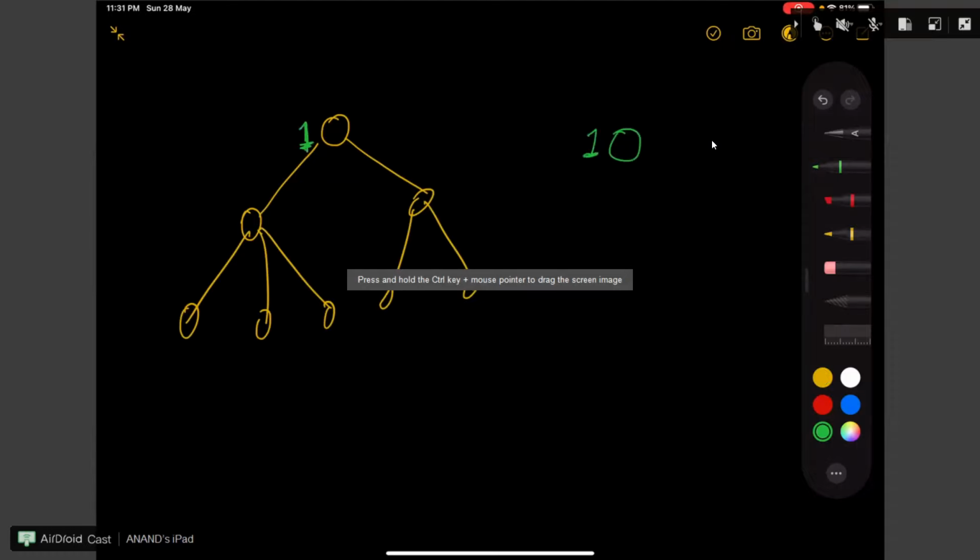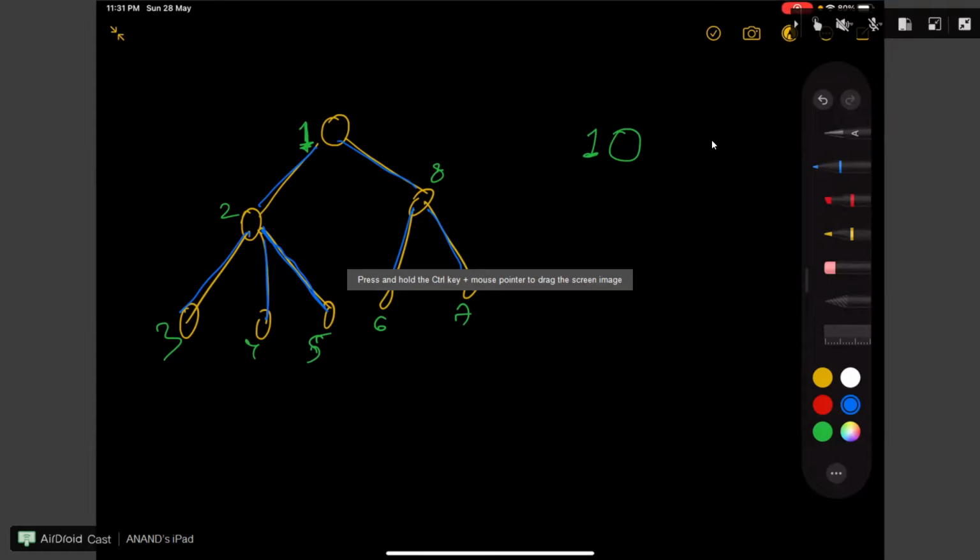After that you are given an edge list. That edge list can be given in any arbitrary order, but it will consist of n minus 1 edges, which represent the tree.